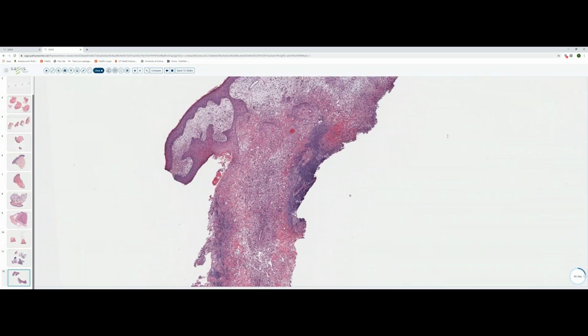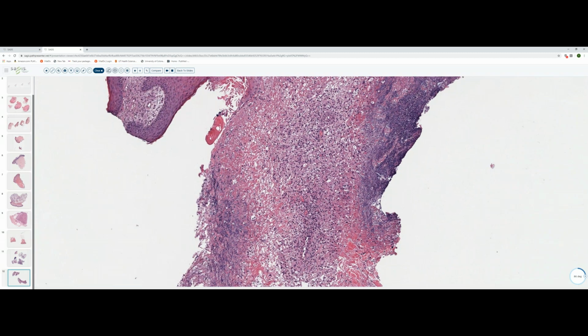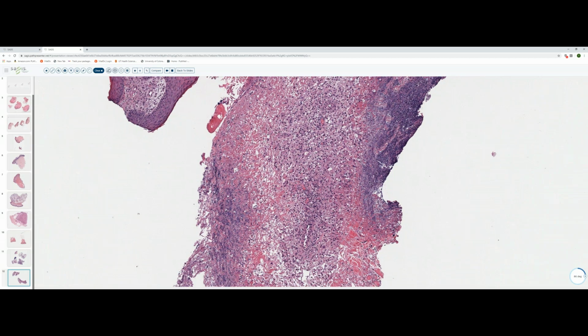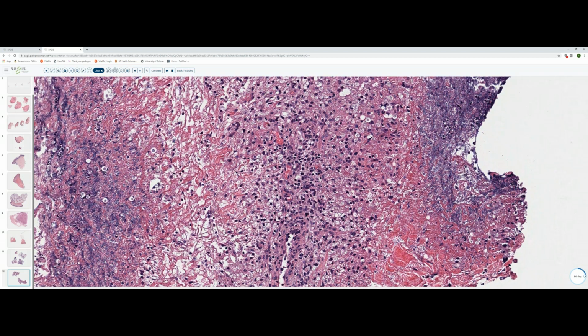If we move to higher power, we begin to see that there's a mixture of cells here. We've got lymphoid cells, maybe a few neutrophils, and then we've got a lot of clear staining cells present within the infiltrate. If you start looking around, there are large numbers of yeast forms that are markedly variable in size and shape.